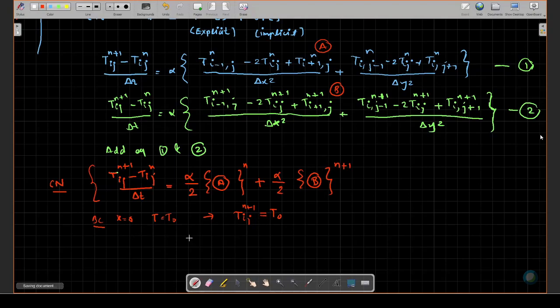Suppose there is some Neumann boundary condition, then again similar to what you used to do in previous cases. You can use the same strategy here: T(nx minus 1, j) at n plus 1 divided by delta x, and that is nothing but your conduction heat transfer rate, k, or you can bring it here as q by k, with the negative sign and all these things.